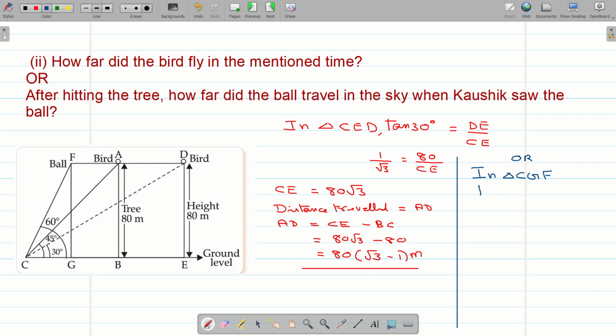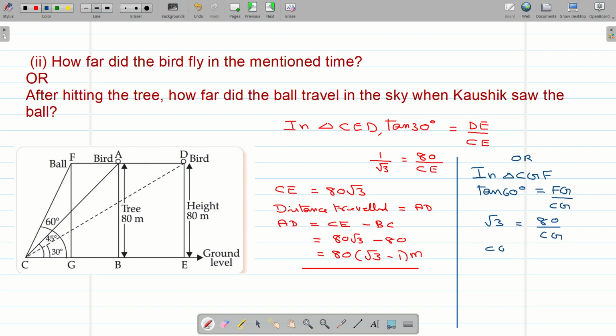In triangle CGF, tan 60 degrees is equal to the opposite side, that is FG, upon CG. Root 3 is equal to 80 upon CG.